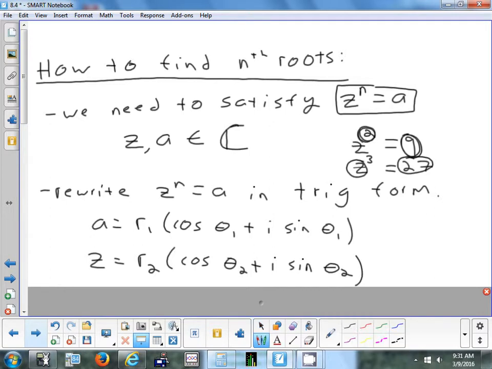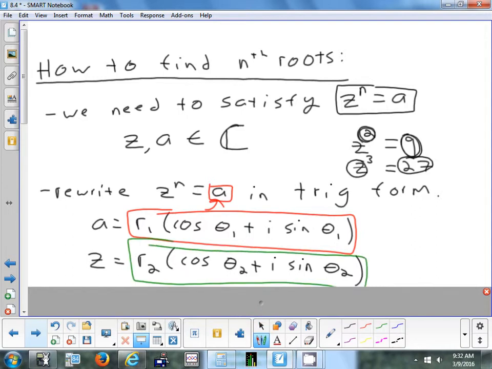Right, so now I'm going to rewrite the equation I had up above, plugging that in for A. And I'm going to plug in what I have in the bottom for Z. So that's my next step. Just rewrite that whole thing, plugging in where I showed you with the arrows.